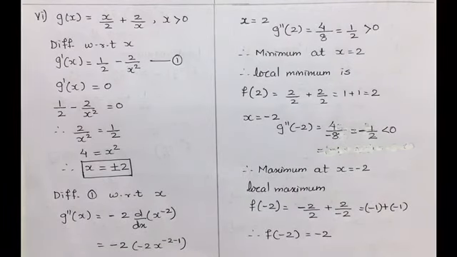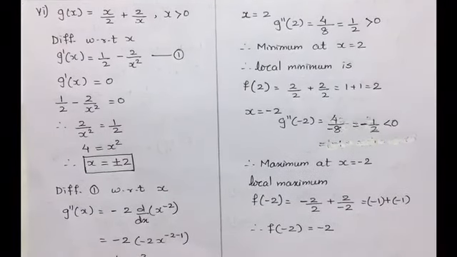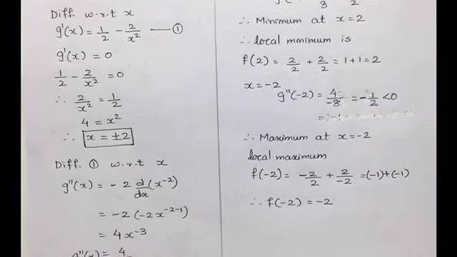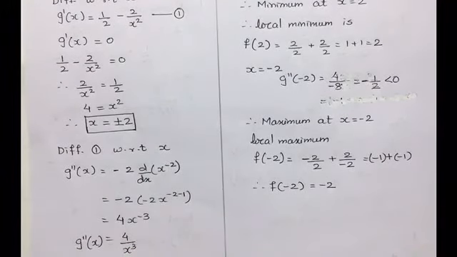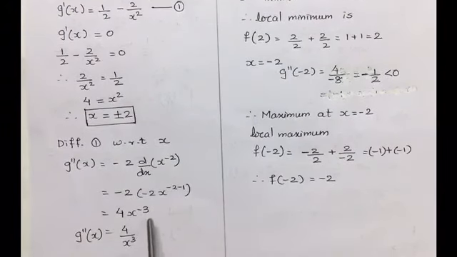Multiplying, minus 2 into minus 2 is 4, x raised to minus 3, and writing it in reciprocal form, g double dash x is equal to 4 upon x cube.